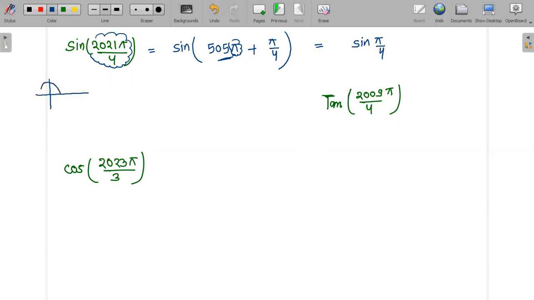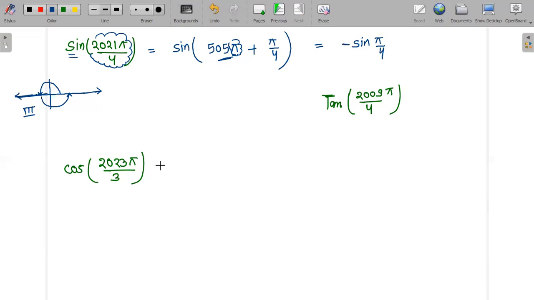For every odd multiple of pi, you will be on the negative x-axis, and for every even multiple of pi, you will be at the positive x-axis. 505 is what? It is an odd multiple of pi. So there will be your 505 pi, and you are adding some angle theta there. So you end up being in quadrant number 3. In quadrant number 3, sine function is negative. So you have to open your result with a negative sign.